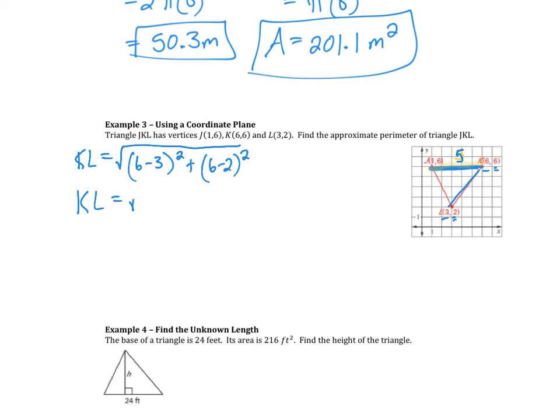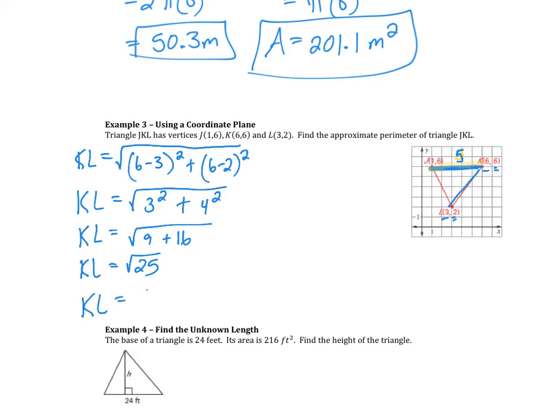So this would be the square root of 6 minus 3 is 3, so it's 3 squared. 6 minus 2 is 4, so it's 4 squared. So 3 squared is 9. 4 squared is 16. So KL equals the square root of 25. So KL is 5. So that side is 5 as well.